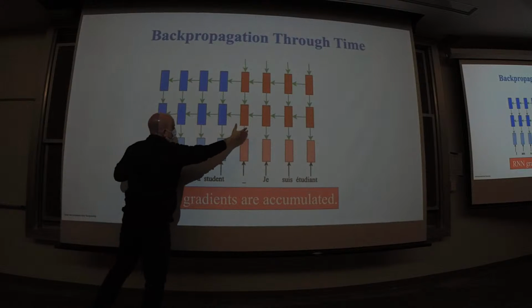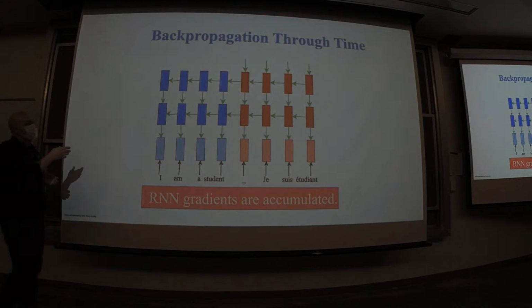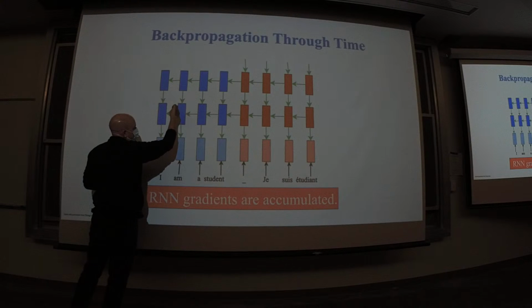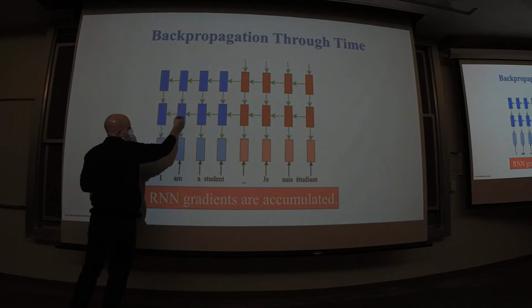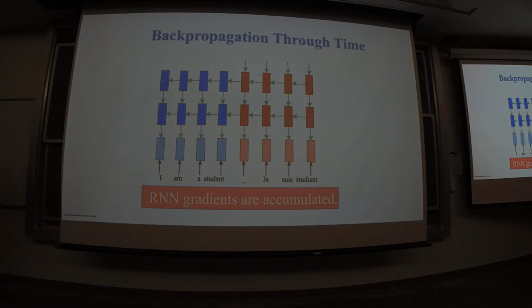There are different parameters for the encoder and the decoder, but within those, the parameters are shared. And so there's an accumulation of gradients along all the pathways into any one cell, and then the parameters as represented by that cell. So it's a little bit more complicated than we saw in the classification case, but conceptually it's pretty easy. We just add all those gradients together, and that's your full signal that you're going to update your weights with. Okay, questions so far? It's really just review of what we've seen.